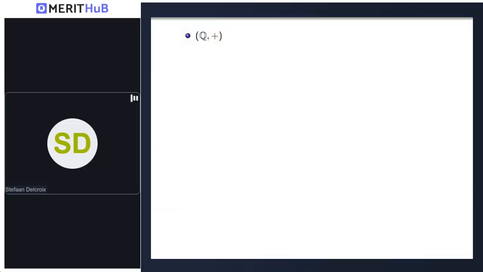However, for the rational numbers, we had to prove it because the rational numbers were defined in terms of integers. But we were able to prove that they were closed. Then the real numbers again were closed. That was an axiom. And the complex numbers, we had to prove it because a complex number is defined in terms of real numbers.